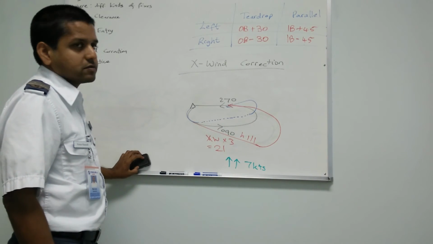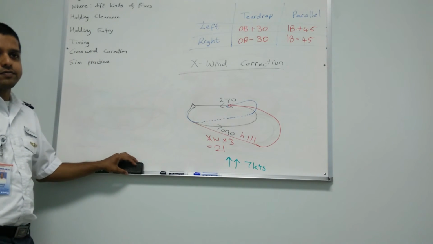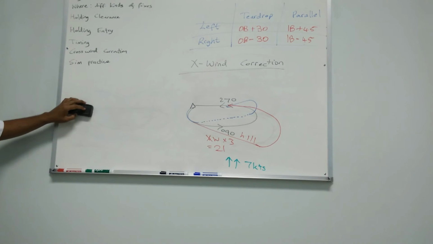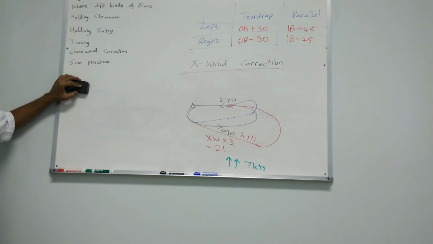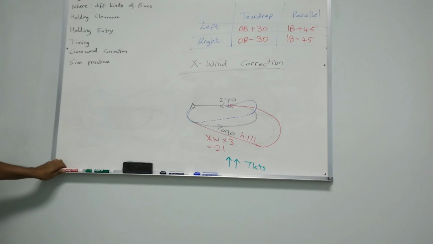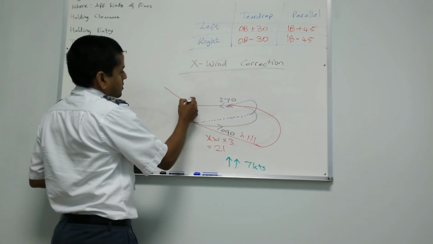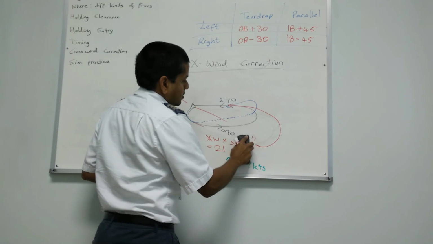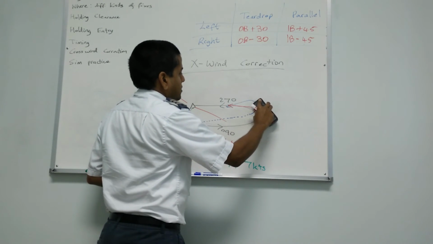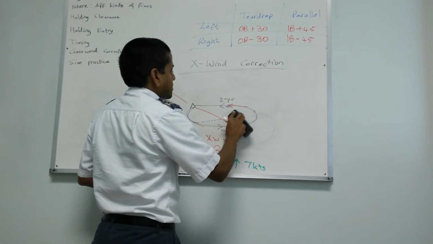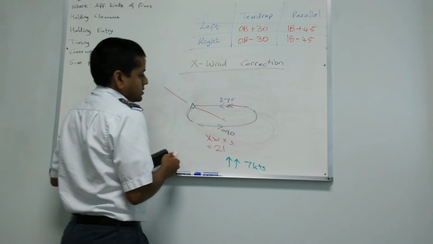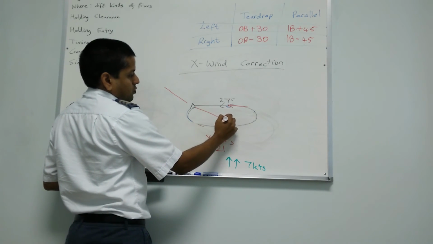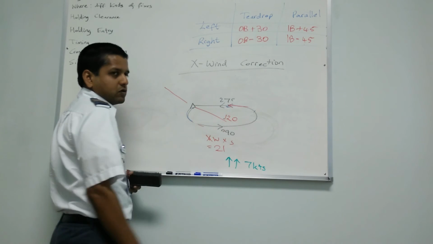Alright, to add to the teardrop, so now I plus 30 degrees. Let's say that you're making a teardrop entry. So you'll be flying what, 120, alright?